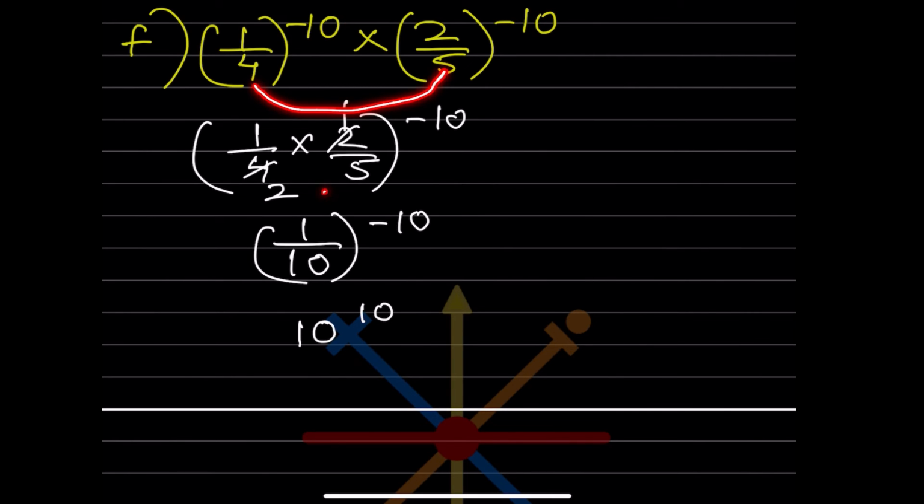So this should be multiplied and together we can take negative 10 over here, the exponent over here. That is the rule. If this is same, this should be multiplied here. So now 2 ones are 2, 2 twos are 4. So this is going to be 1 by 10 raised to minus 10. And we want to make it positive now. So that will be 10 raised to 10.